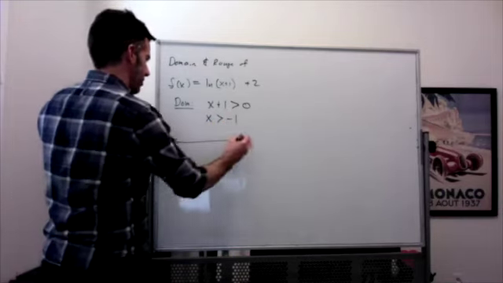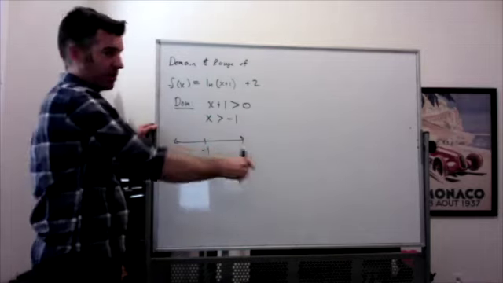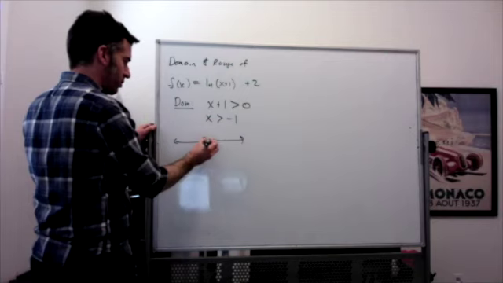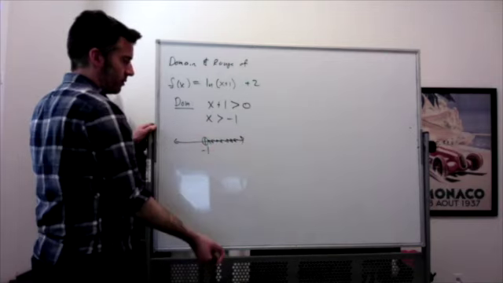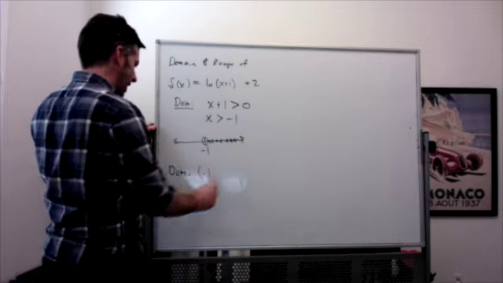On the number line, if negative 1 is right there, we take everything to the right because we are bigger than, but not equal to, negative 1. So my domain here is negative 1, exclusive, right?